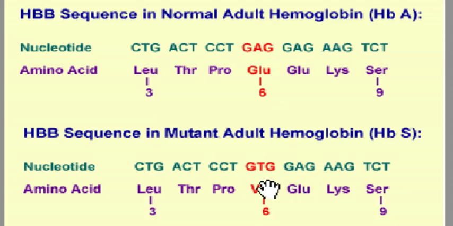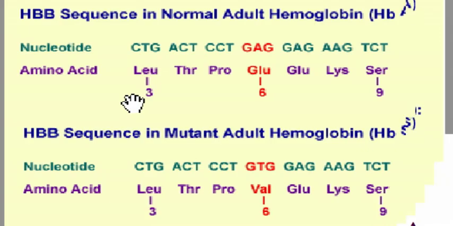Now if we look at the mutated sequence on the bottom, this sequence reads GTG. The only difference between the normal strand up here and the mutated strand down here is the substitution of this T for that A. Because we have a substitution, we end up with a different amino acid. And this difference is enough in this particular case to cause sickle cell anemia.